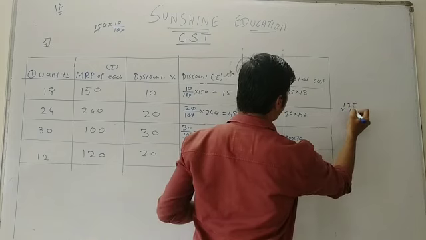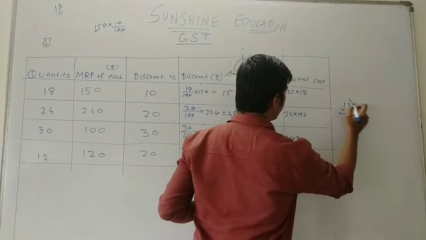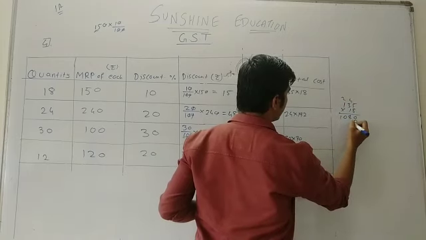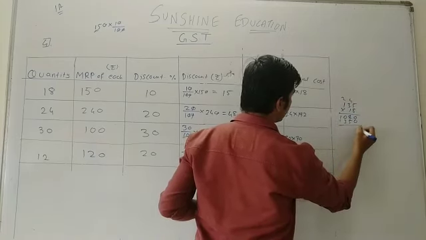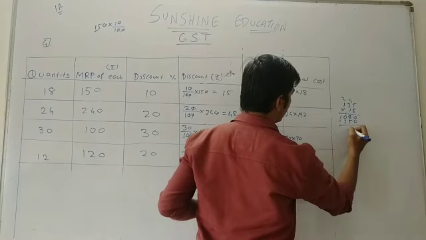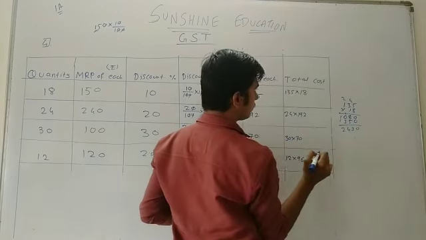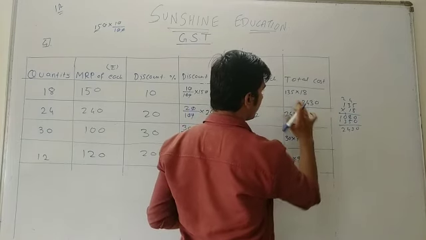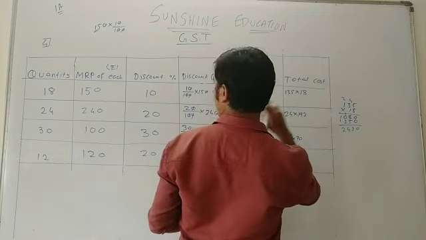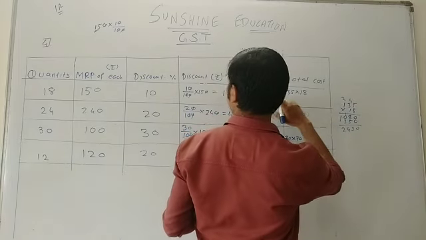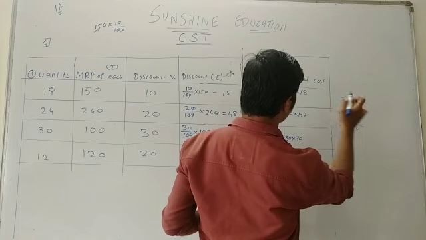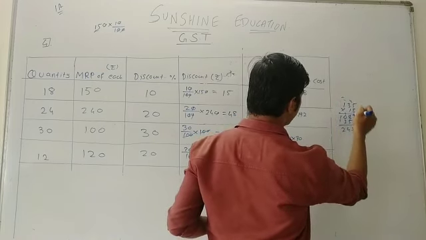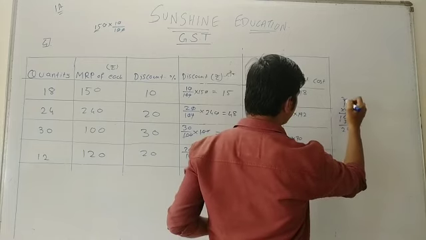135 multiplied by 18. 8 5s are 40, 8 3s are 24, 28, 8 1s are 8, 9, 10. Let me cross check it once again. 8 5s are 40, 8 3s are 24, 28, 8 1s are 8, 9, 10.